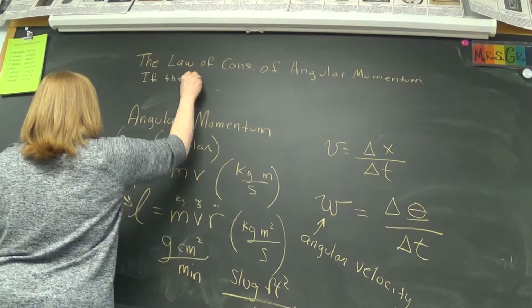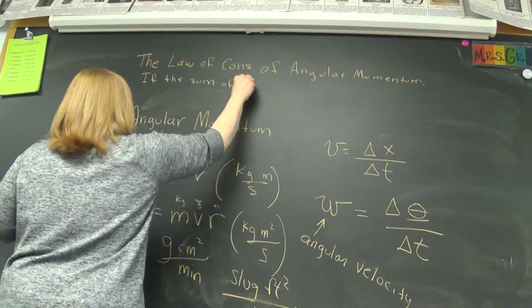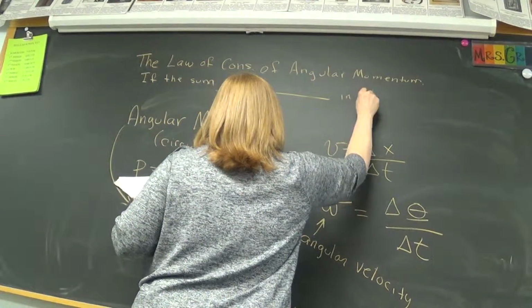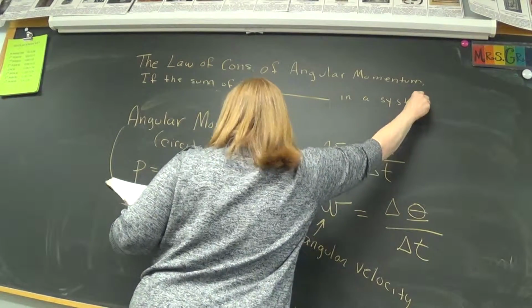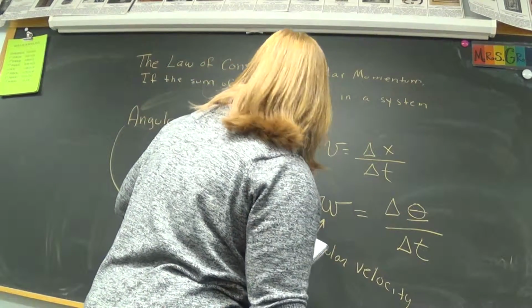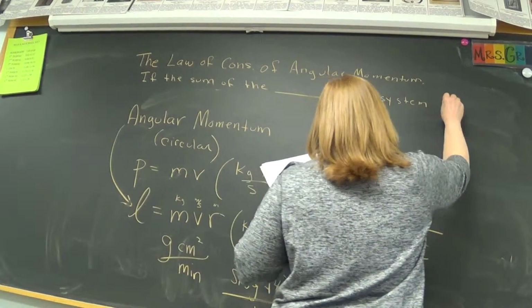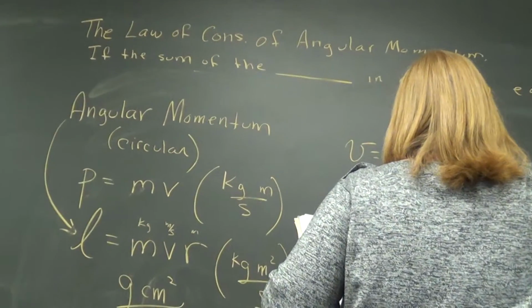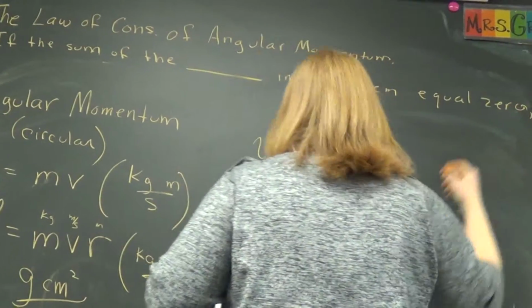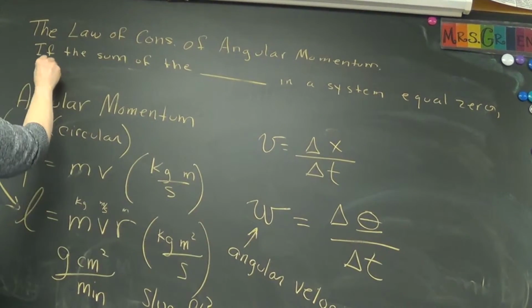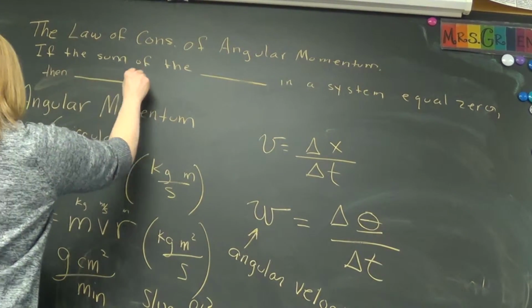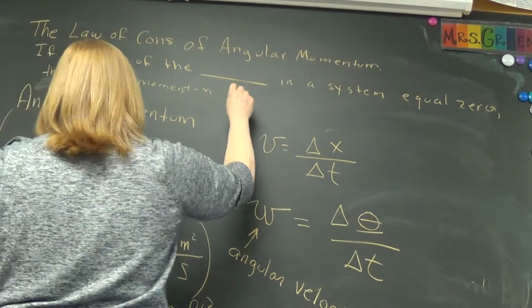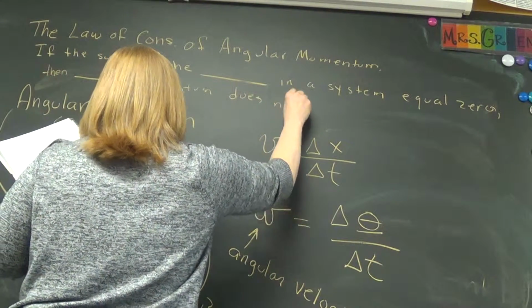If the sum of the blanks in a system equals 0, then blank momentum does not blank.